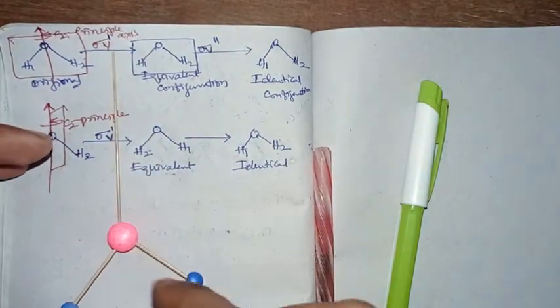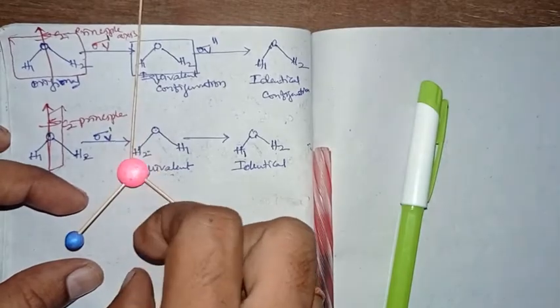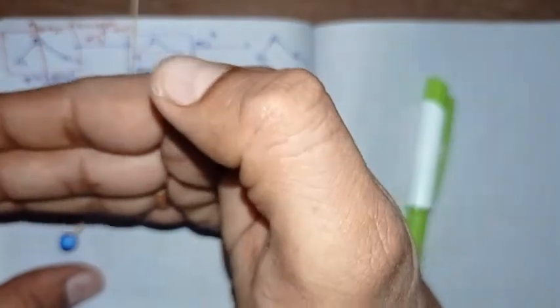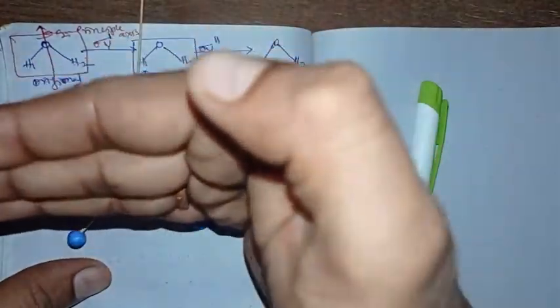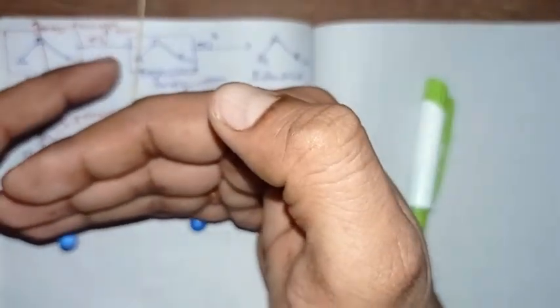This is the principal axis we have, the C2 principal axis, and if you want to apply the plane perpendicularly, we have to apply it like this. The axis is vertical, so we have to apply the plane in a horizontal way. It will be perpendicular to the principal axis, right?